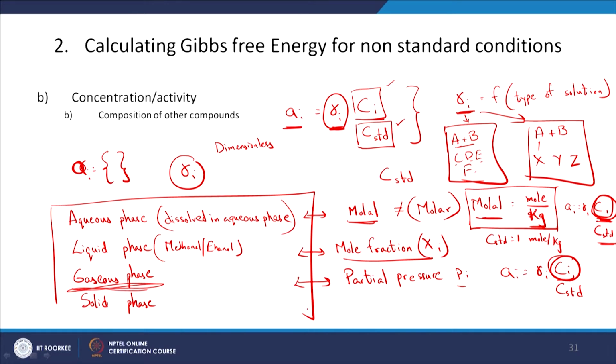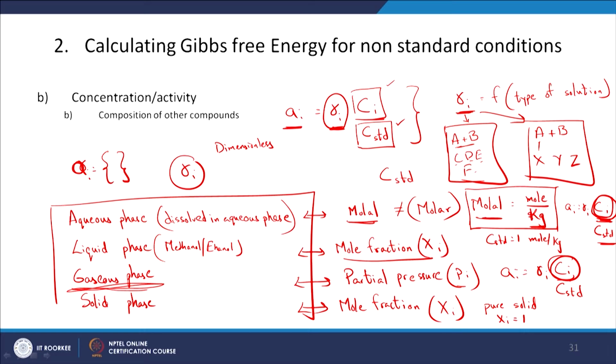And coming back to the solid phase, we again look at mole fractions: the number of moles of your solid by the total number of moles of the solids. If it is only one solid, it is a pure solid, and obviously your mole fraction is going to be equal to 1.